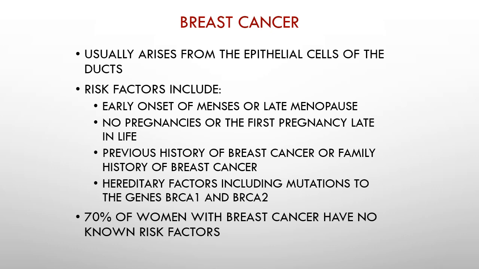Someone who is nulliparous, has had no pregnancies, or has had pregnancy late in life is at a higher risk of breast cancer. Anyone in the family, especially first degree family members having had breast cancer, is a risk factor. There is also the potential for genetics, and so we have the breast cancer genes themselves. However, they are not definitive as far as cancer.